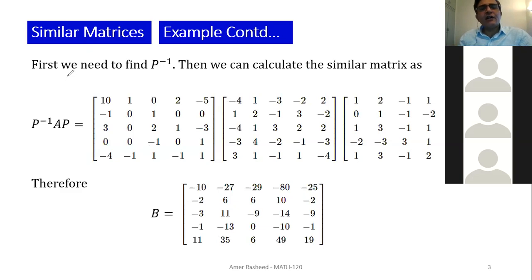If P is given, you can find P inverse by using any method we discussed in the previous lecture on how to find the inverse of a matrix. There are several methods: the adjoint method, the cofactor method, and we can reduce the matrix into identity by using row operations. If you have any question, you can ask me.